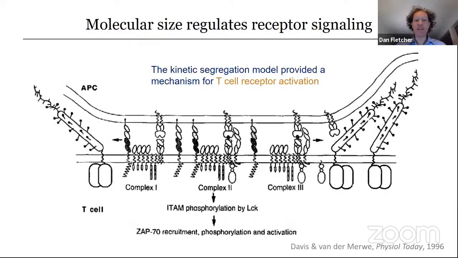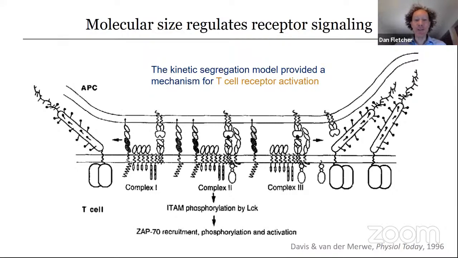And in the context of T cells, the kinetic segregation model was proposed in 1996 by Anton van der Merwe and Simon Davis, which really focused on how potentially the size-based segregation of a tall phosphatase could be responsible for or contribute to activation of T cell receptors. And so this is a really interesting hypothesis, a mechanistic idea that has borne out over the last couple decades.